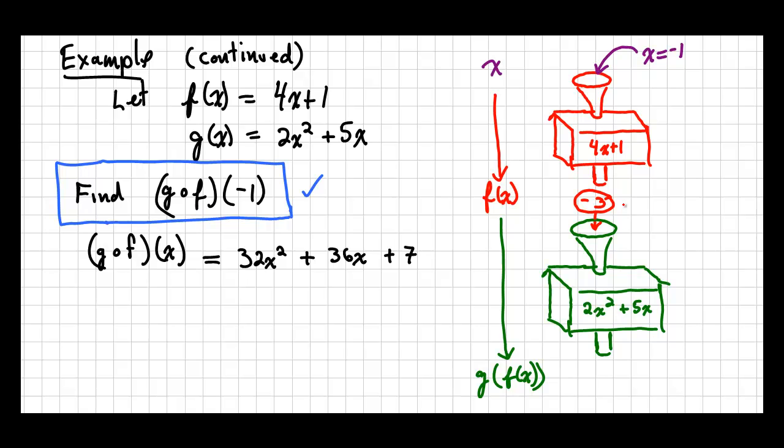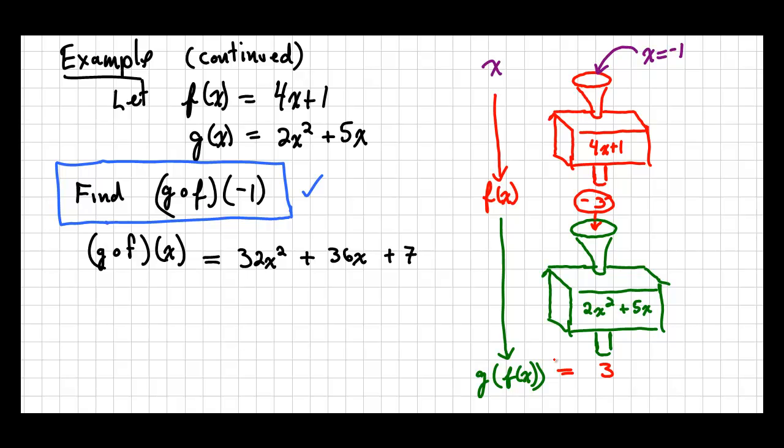We're going to take that value and drop it into the outermost function, the g function, which is 2x squared plus 5x. So when you plug in -3 for x, we're going to get -3 squared is 9 times 2 is 18, plus 5 times -3 is -15. So we're going to end up with 18 plus -15. That's going to be 3. So g composed with f of x should equal 3.